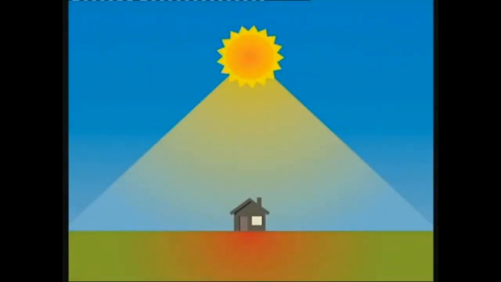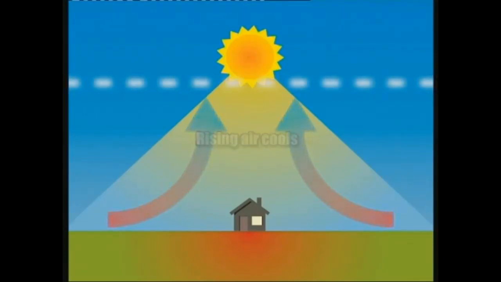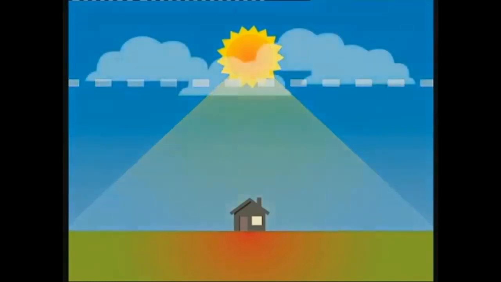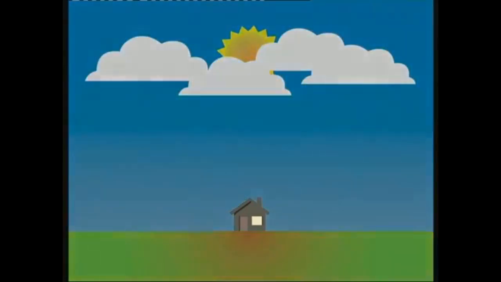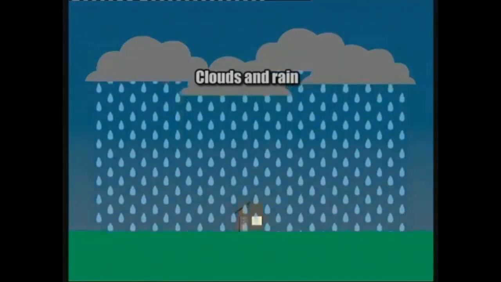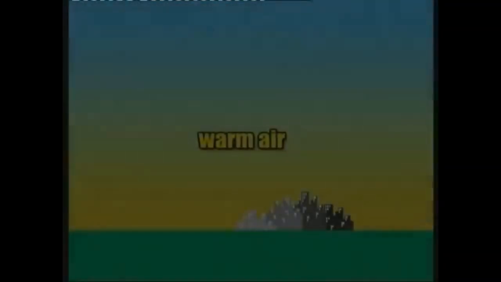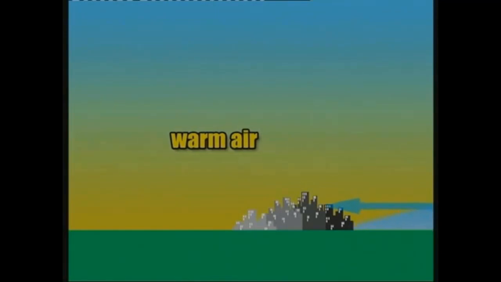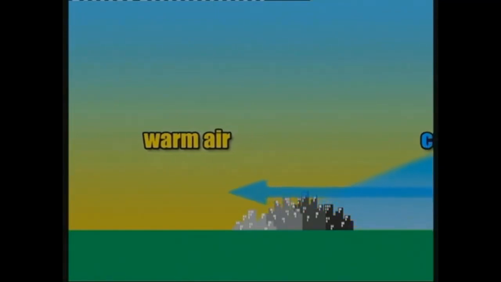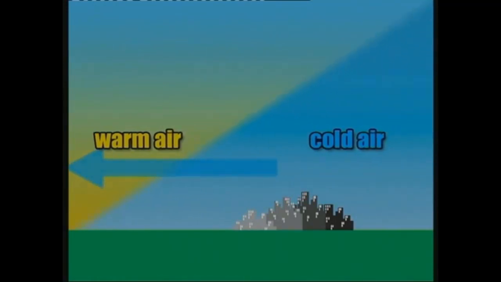Convectional rainfall is caused by warm air rising because the ground is warmed up by the sun. In Britain, this would only happen occasionally, but at the equator, because it's so hot, it happens every day. Frontal rainfall is caused by a warm air mass and a cold air mass meeting, and it occurs in depressions. We'll look at those in a minute.